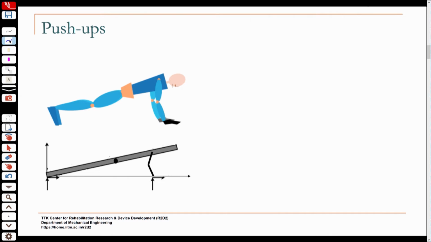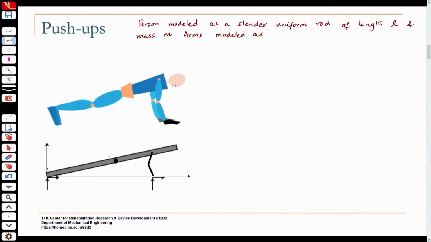So, you have the person modeled as a slender uniform rod of length L and mass M. And let us say we model the arms, these are the arms, modeled as 2 weightless rods.